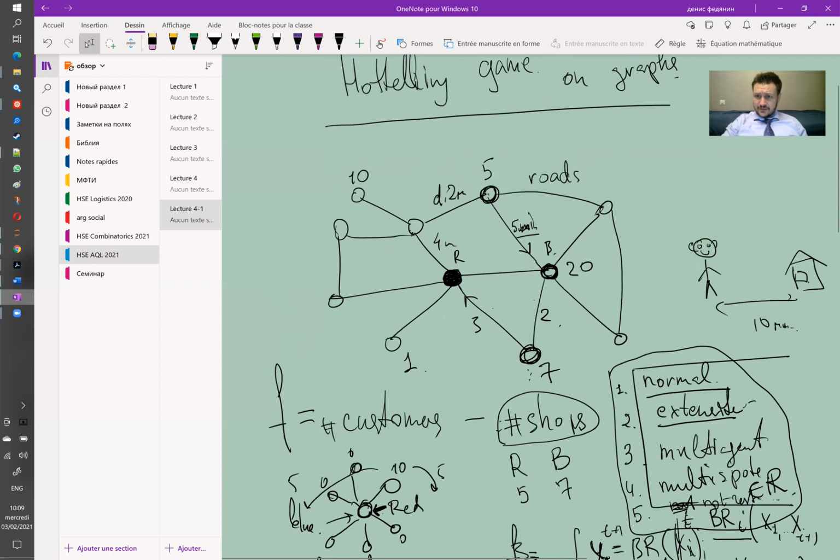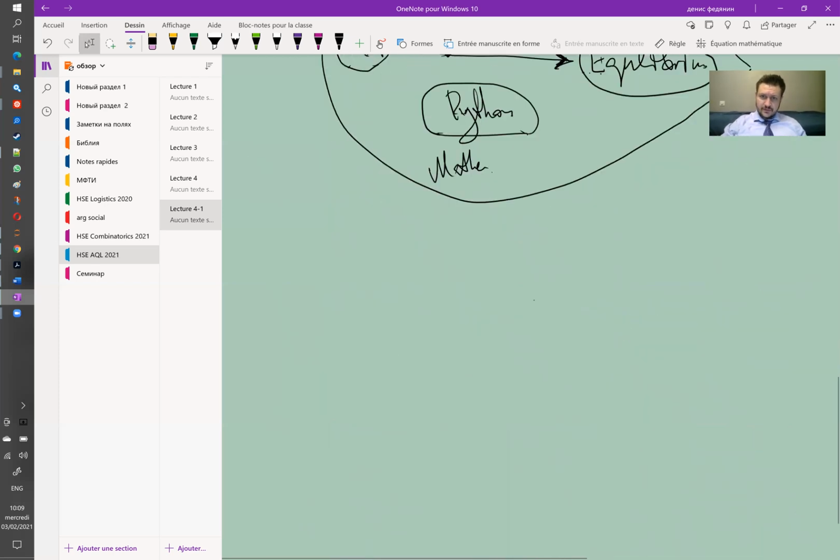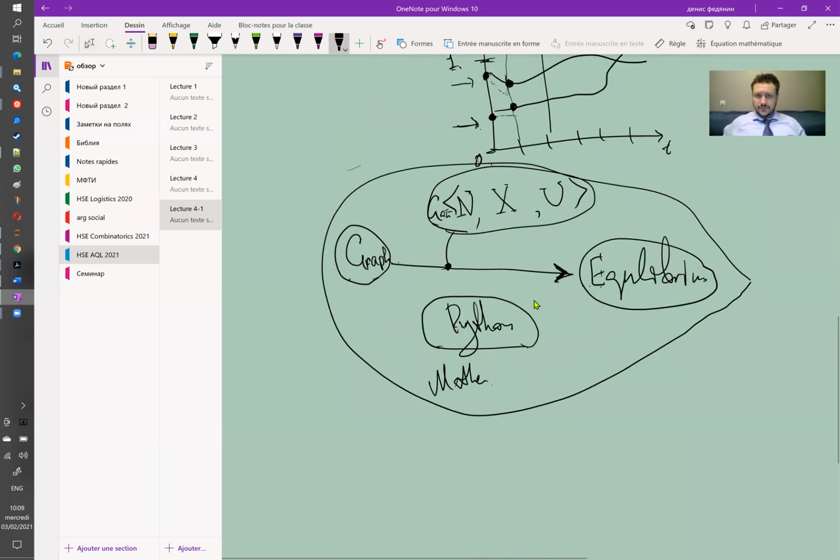So we have a graph, we have a game, and we have to create software to find an equilibrium, or equilibriums if you have several. But for homework, we can find only one, and maybe others, but at least one if this equilibrium exists.